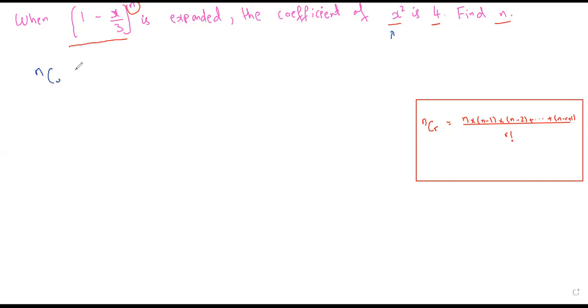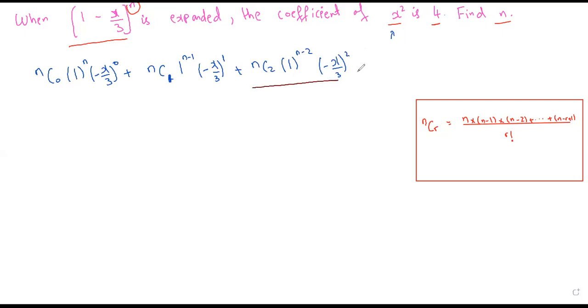We have nC0, then 1 to the power n, and then (minus x by 3) to the power 0, plus nC1, 1 to the power n minus 1, and then (minus x by 3) to the power 1, and then plus nC2, 1 to the power n minus 2, (minus x by 3) to the power 2. Okay.